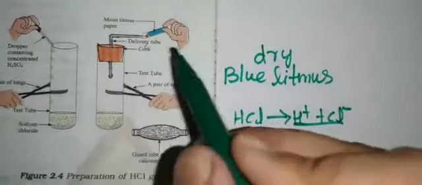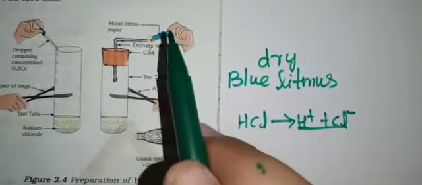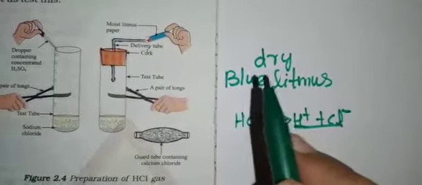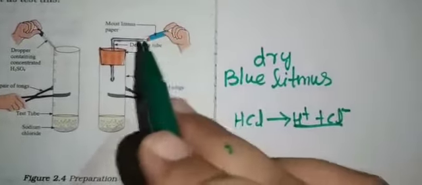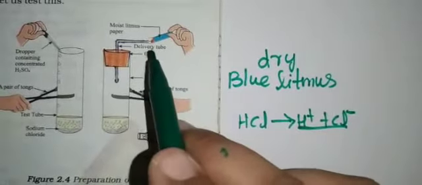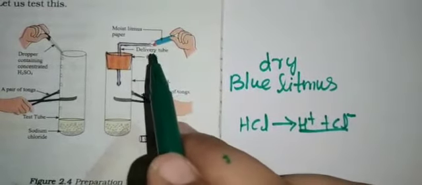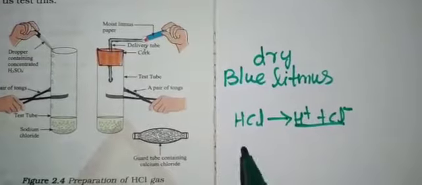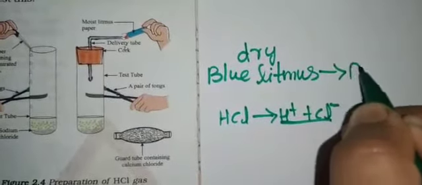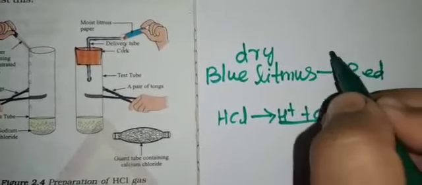When you dip this dry litmus paper in water, it will become moist. When you take this blue litmus paper near this delivery tube, the blue litmus turns red when it is moist.